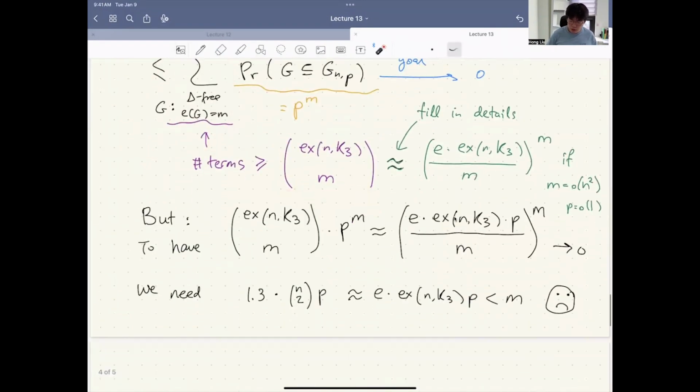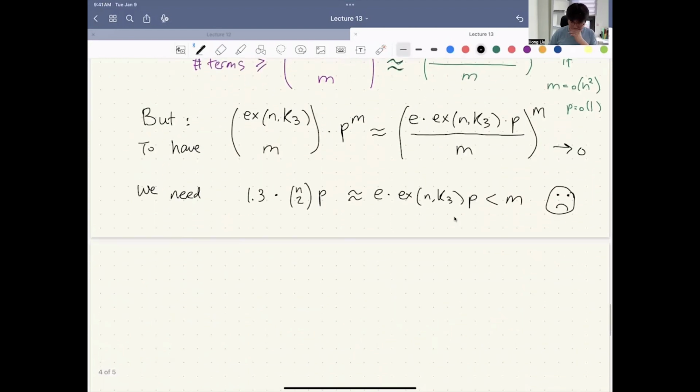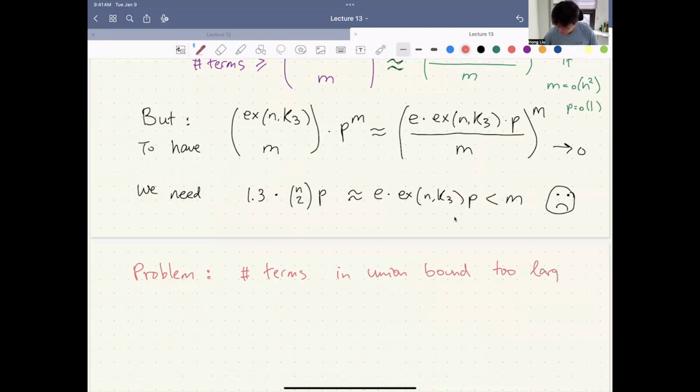The problem here: the number of terms in the union bound is too large, too many.